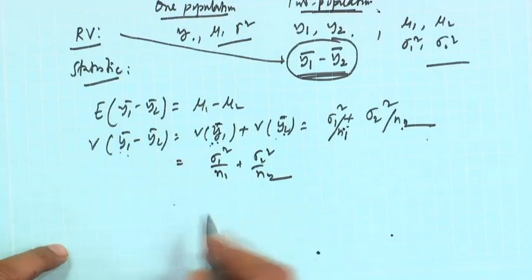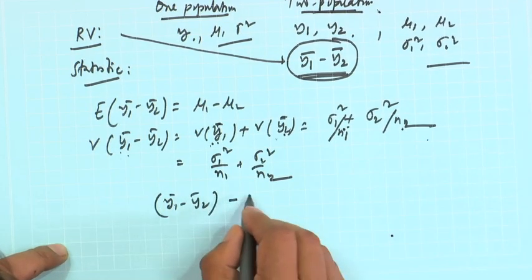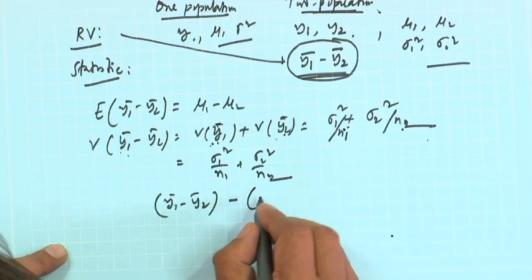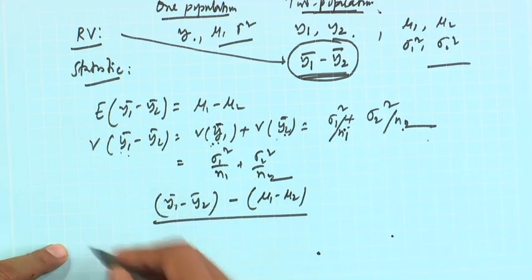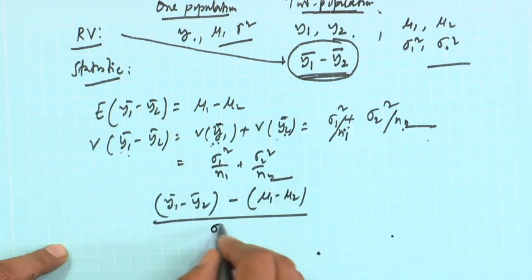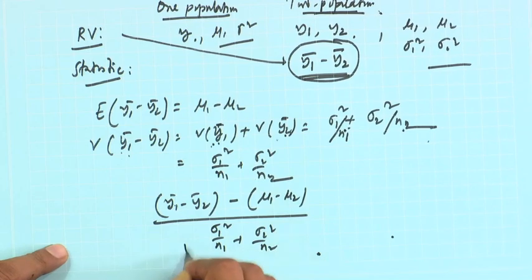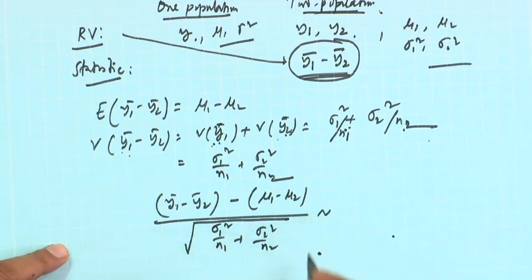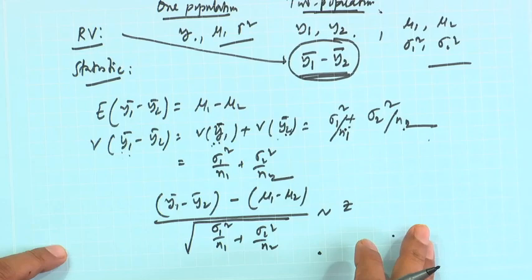Now, from the central limit theorem you can write that y1 bar minus y2 bar minus its expected value, mu 1 minus mu 2, divided by the square root of sigma 1 square by n1 plus sigma 2 square by n2, follows the Z distribution. This follows the Z distribution for large sample size.